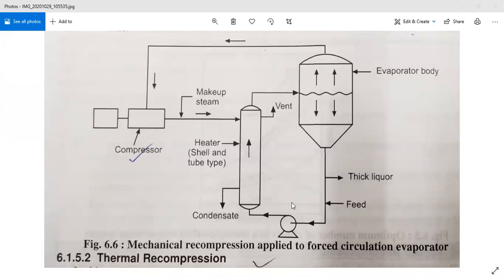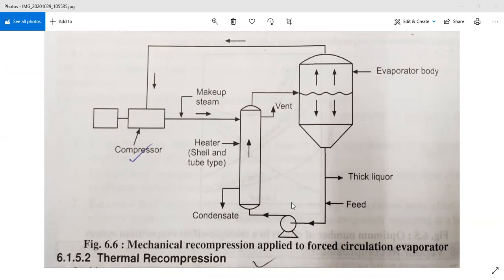Now, in the previous session we also discussed one of the solutions for increasing the economy, because in a single effect evaporator the economy is always less than 1.